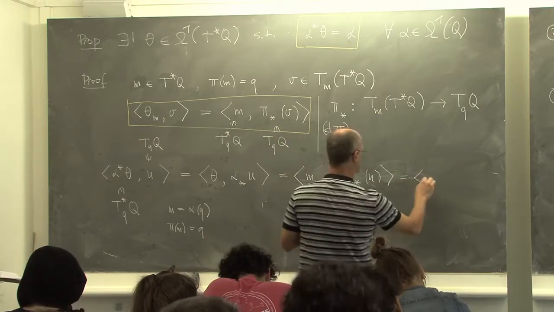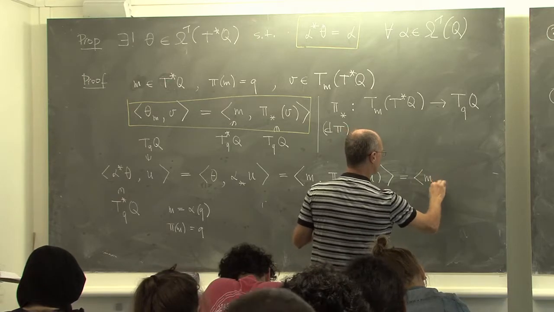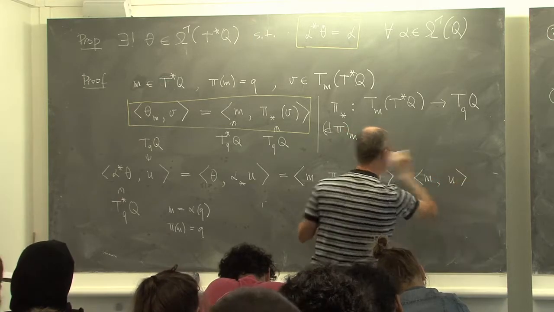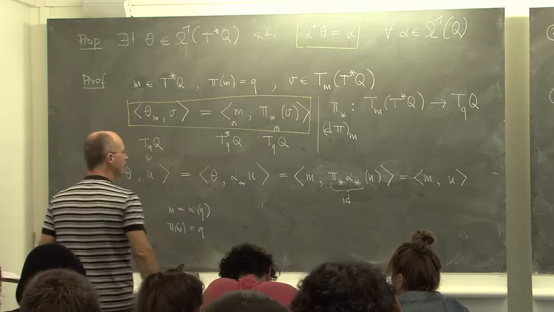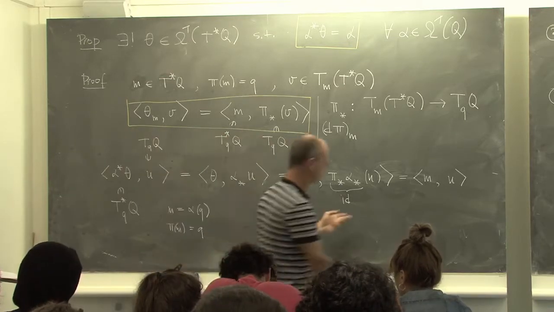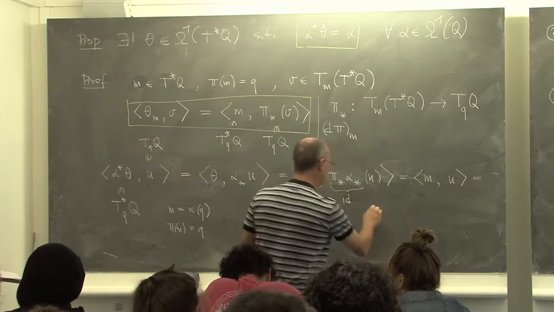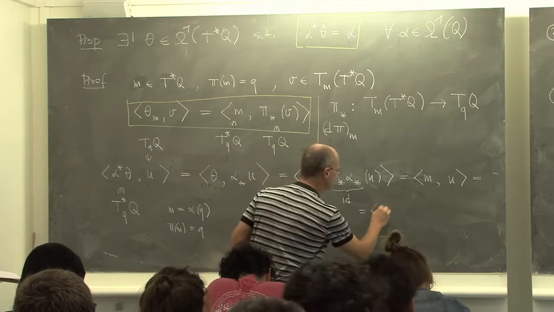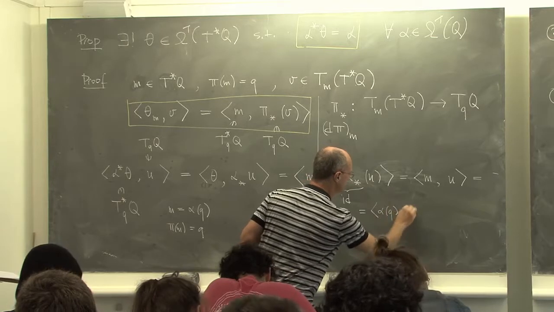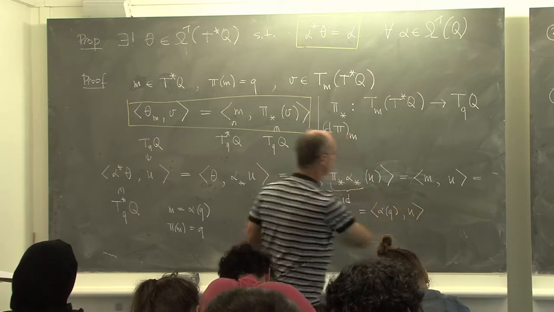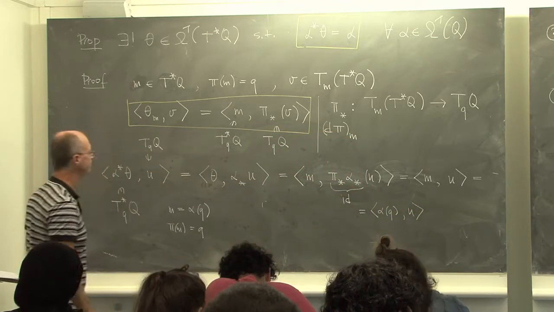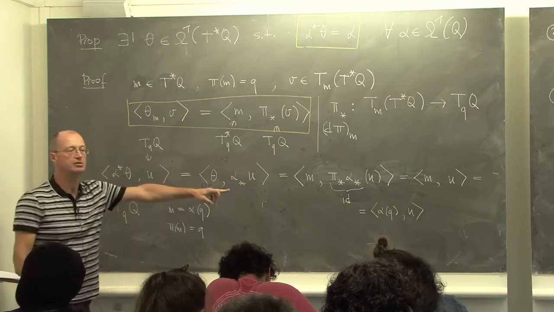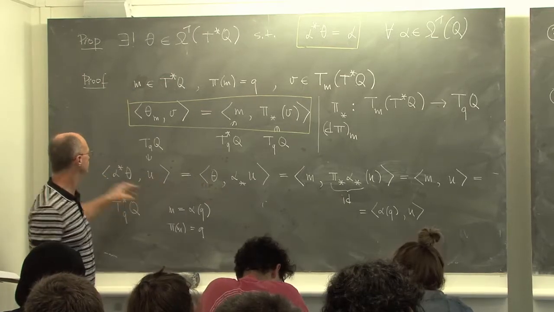So this is equal to theta at M of U. And well, recall that M is equal to alpha of Q. But that's actually what we wanted to prove.